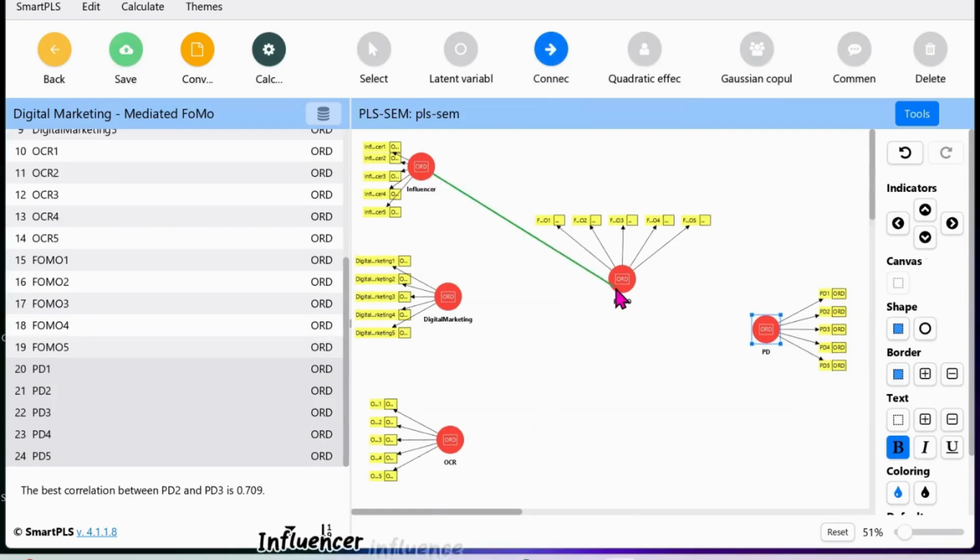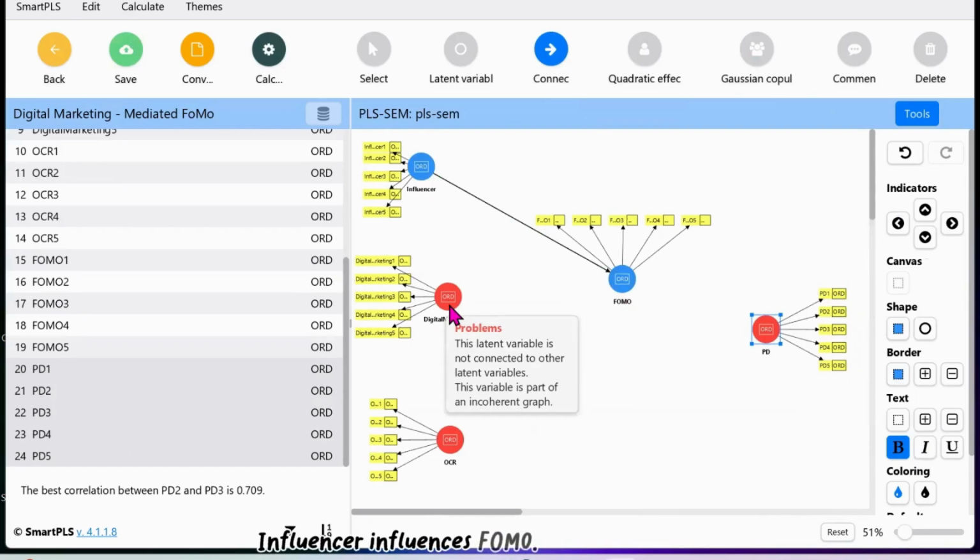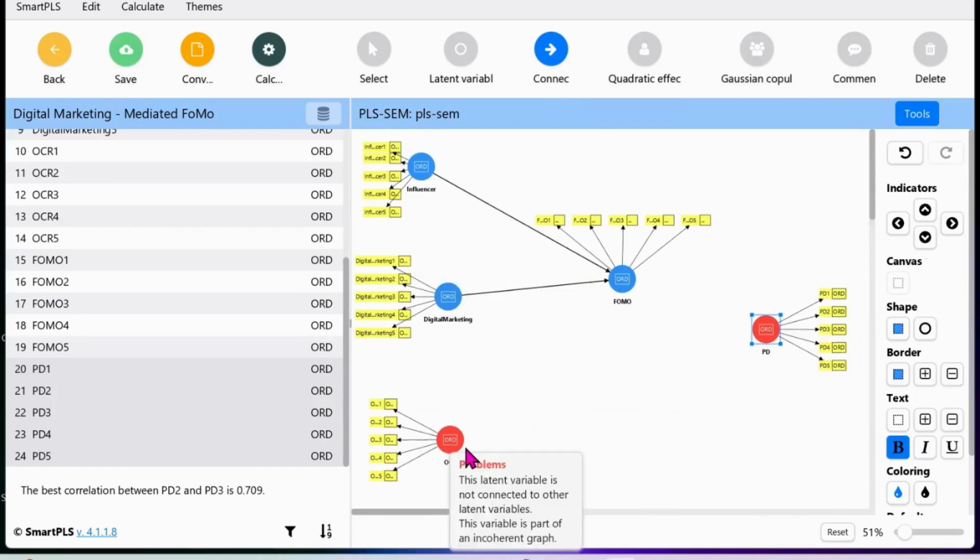Influencer influences FOMO. Digital marketing influences FOMO. OCR influences FOMO. FOMO influences purchase decision.